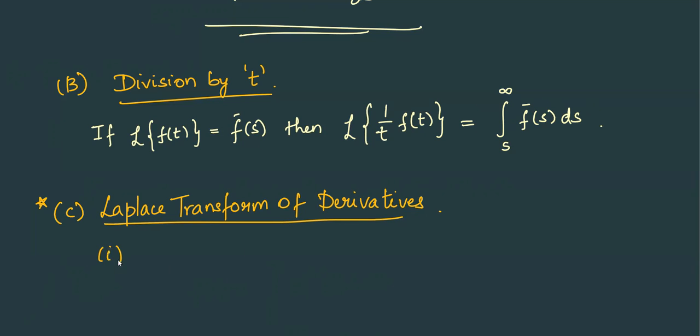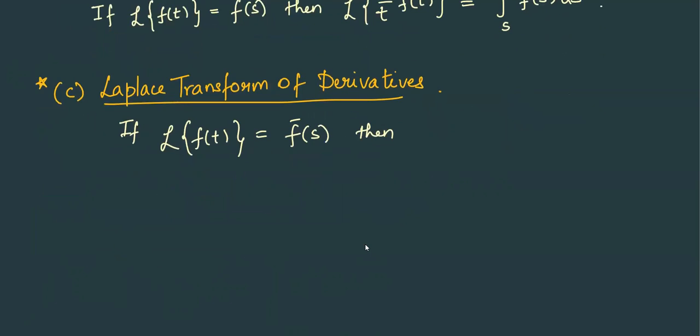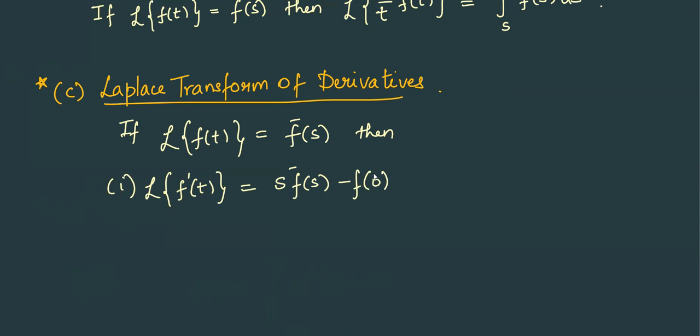If the Laplace transform of f of t is f bar s, then the Laplace transform of the first derivative of f of t will be s times f bar s minus f of 0.